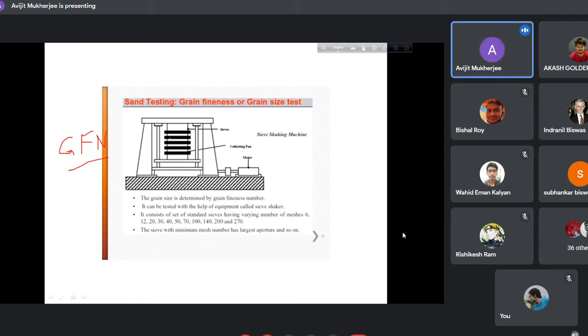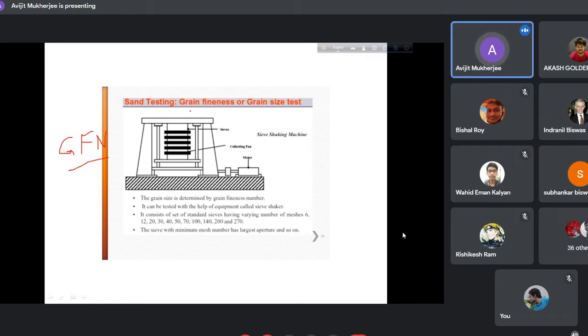All these are different trays, and on the top you can pour some amount of molding sand, say 100 gram. 100 gram basically standard, or you may place 50 gram, which contains different sizes. Shape we are not considering, sizes: very fine powder, some medium, coarse particles, some larger particles, and all these.